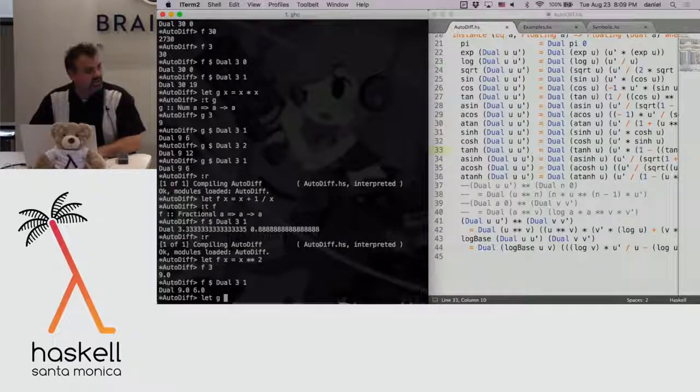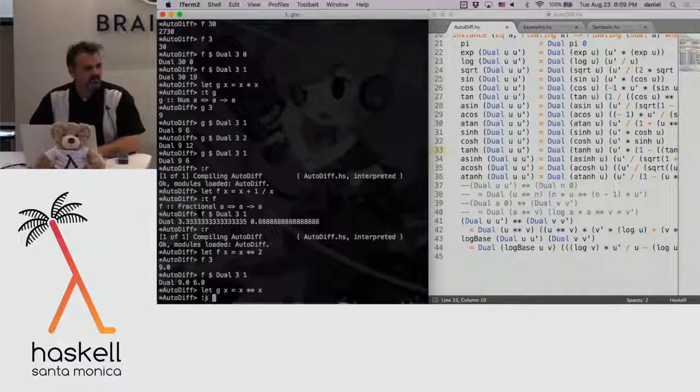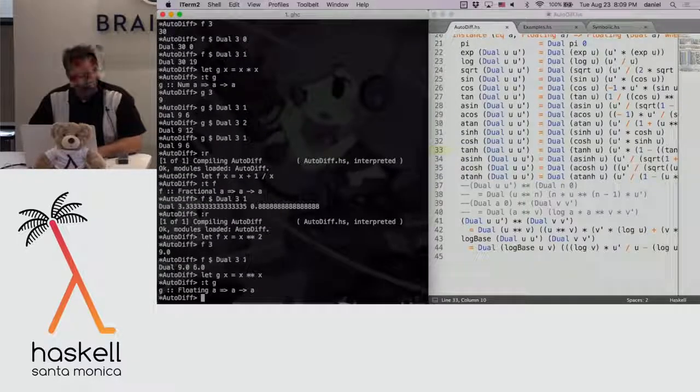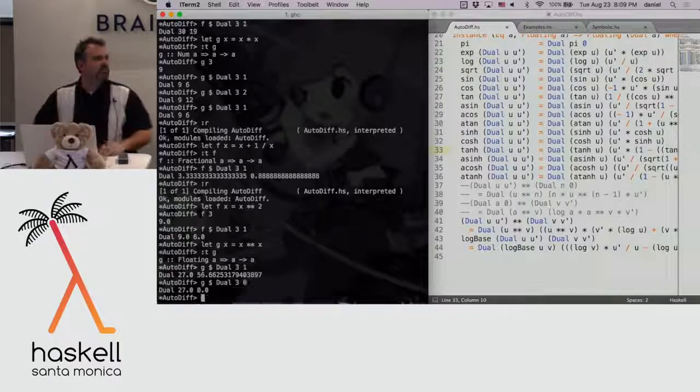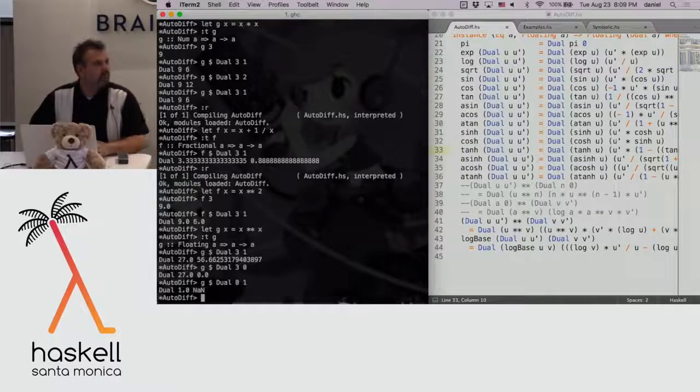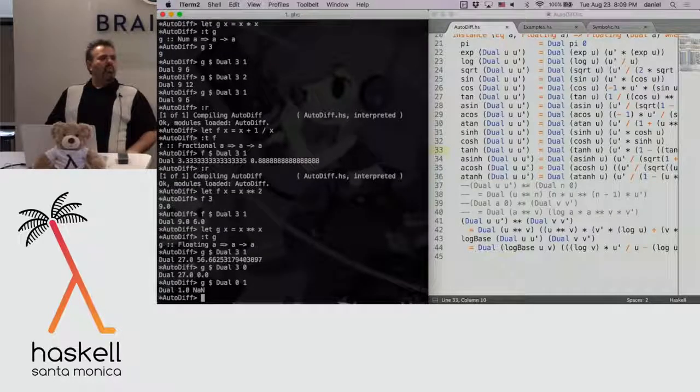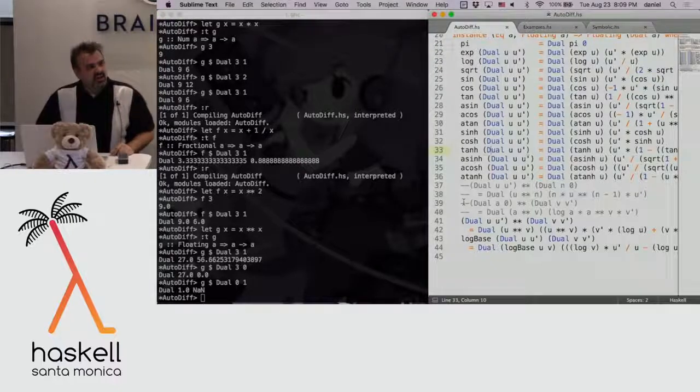Let g x equal x to the x. The type of g is, yeah, okay, that's great. So it works fine. But what if, then we get dual 1, not a number. So then it doesn't look like it works fine. The thing is, I don't think uncommenting these is going to fix your problem. Let's try that.